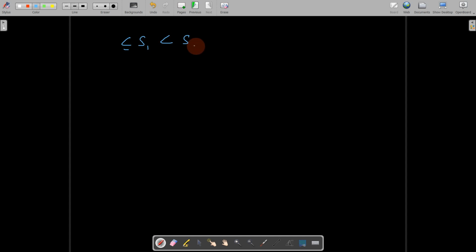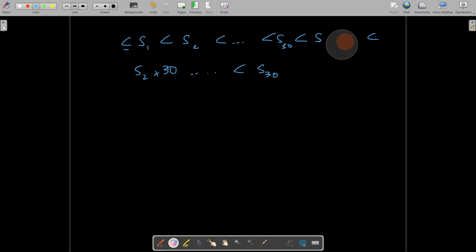S1, S2, and so on, S30, less than S1 plus 14, less than S2 plus 14, and so on, S30 plus 14. Sorry, it should be 14, not 30. And these will take values from 1 to 59.